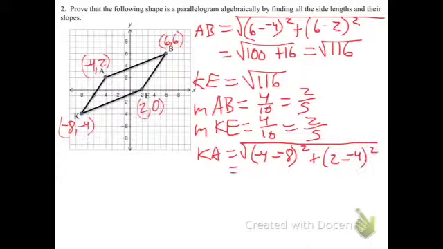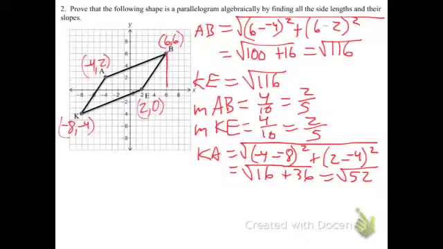Negative 4 minus negative 8 is equal to 4, square that, you'll get 16. 2 minus negative 4 is 6, square that, you get 36. 16 plus 36 is 52. So square root of 52, so that's our distance there.